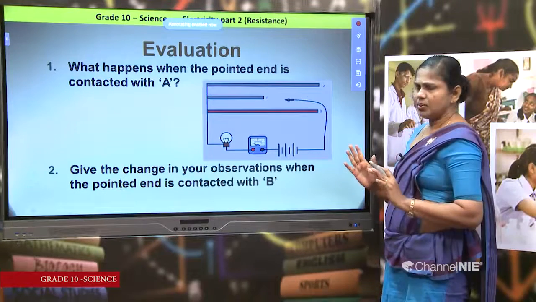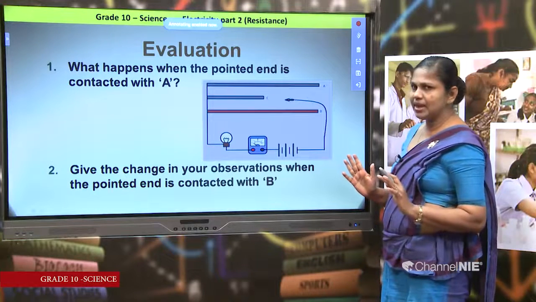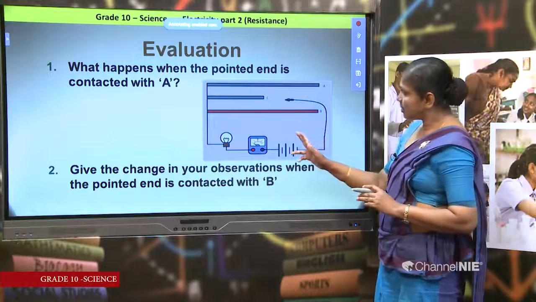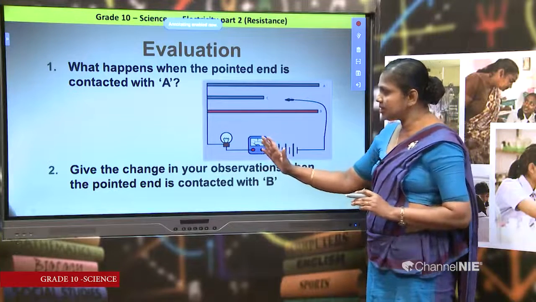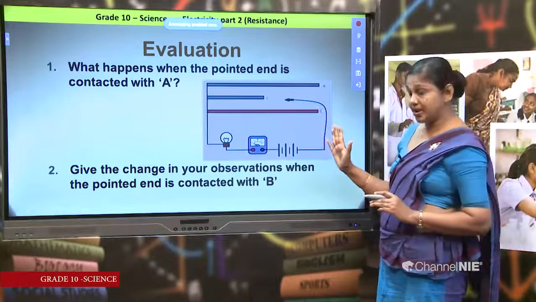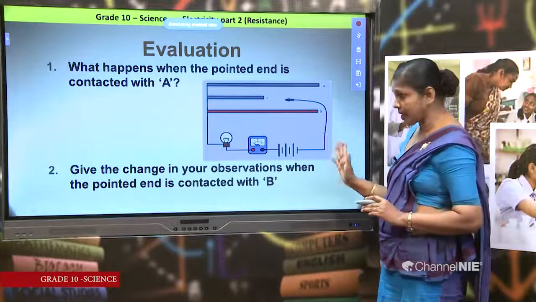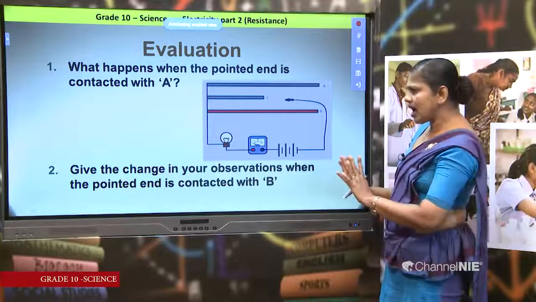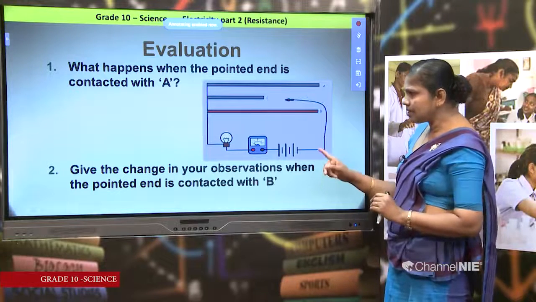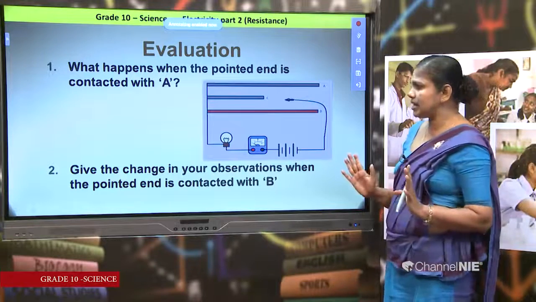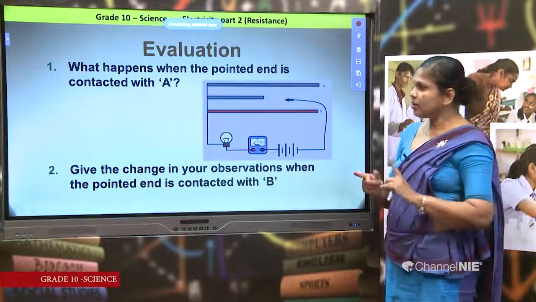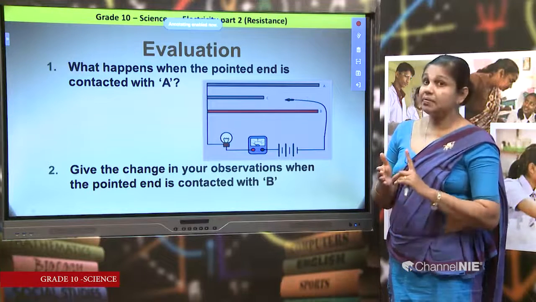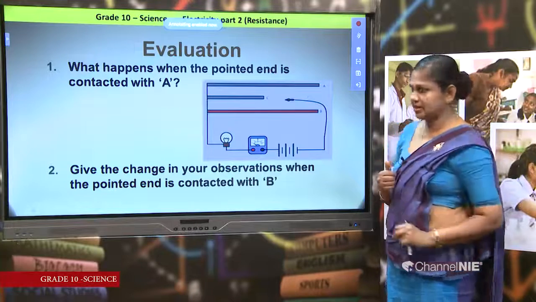When the pointed end is contacted with B, definitely the resistance should decrease. So the ammeter shows a greater reading, the ammeter deflects more, and the brightness of the bulb must increase. Then as the answer, you have to write: ammeter reading increases and the brightness of the bulb increases.